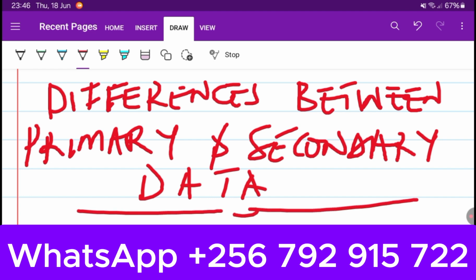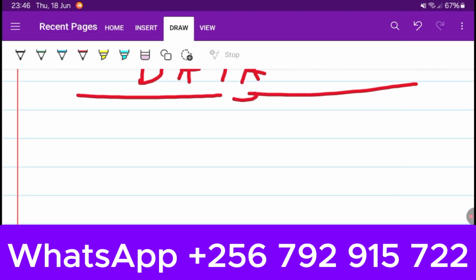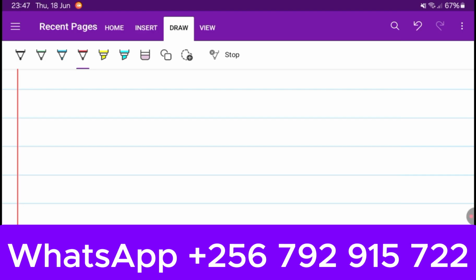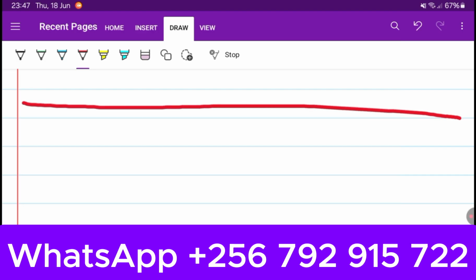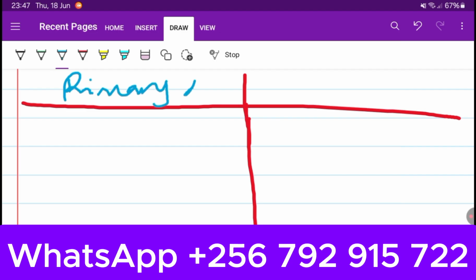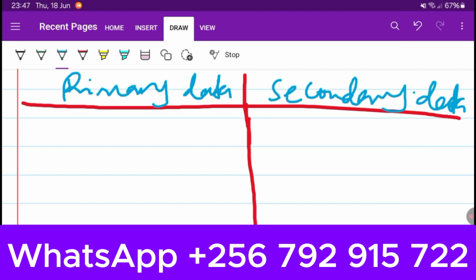Maybe we can draw just a small ledger, just a T account, just to have this information. Maybe we can have primary data this side, and this side we have secondary data, just to highlight what we have talked about briefly.